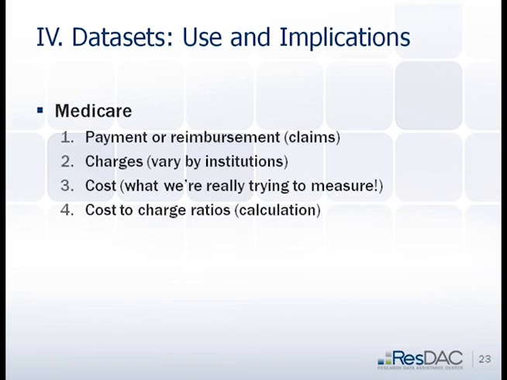All right, so the focus of the workshop today, again, is payment or reimbursement, what you see in the claims data. Charges vary by institution, of course, and costs is what we're really trying to measure. It's kind of a slippery little guy as to what the actual cost associated with the provision of care is. So we have to do a little manipulation and work with the cost to charge ratios.